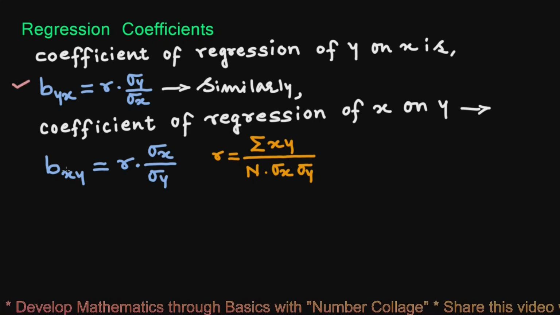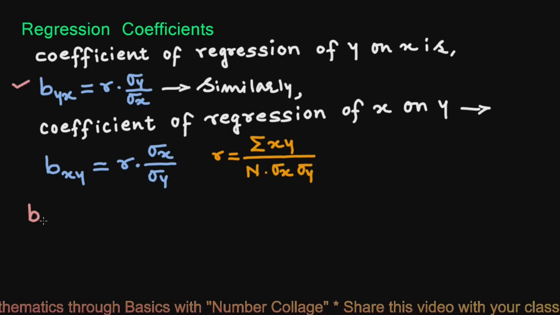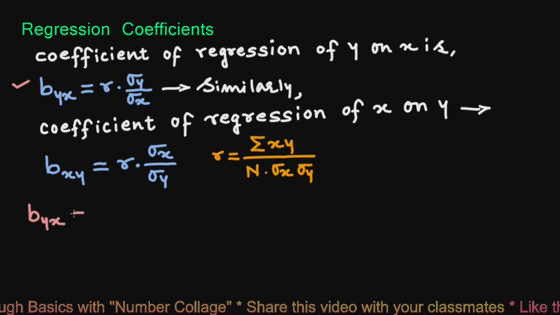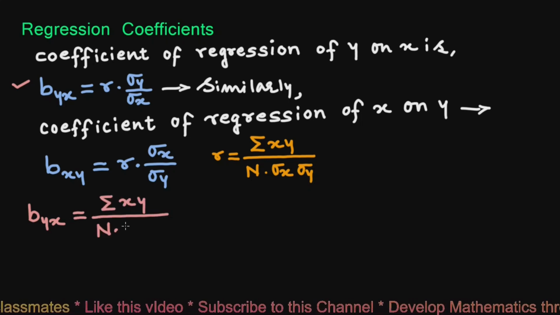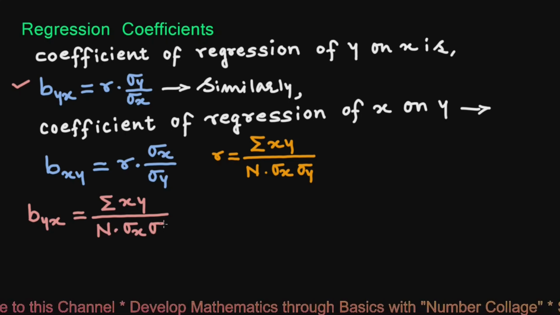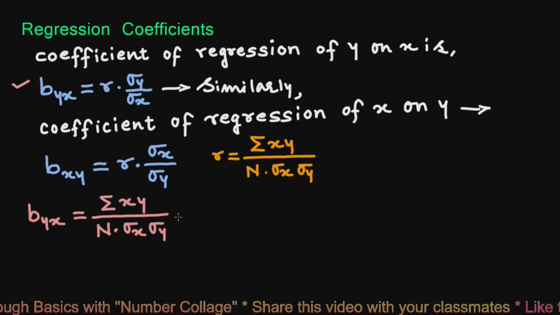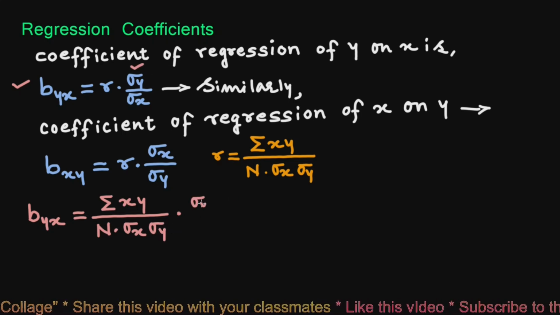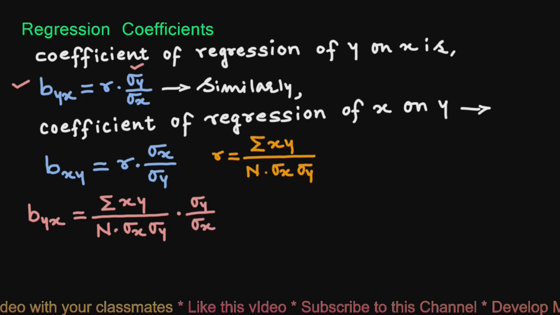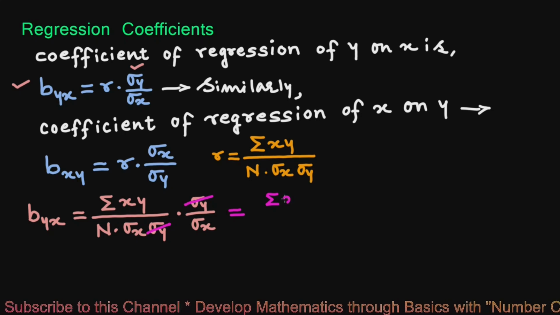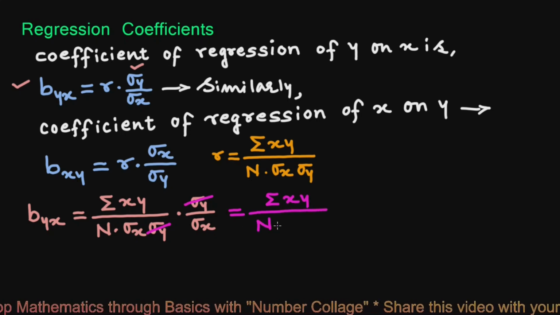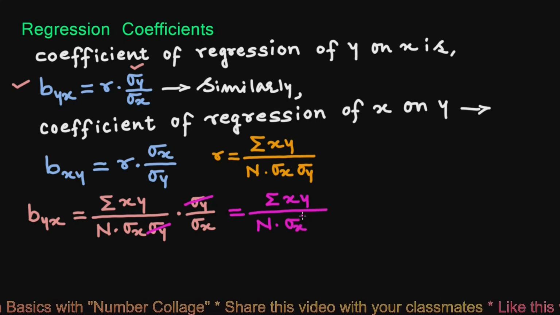So this coefficient of regression byx will become summation xy upon n into sigma x into sigma y into this sigma y upon sigma x.